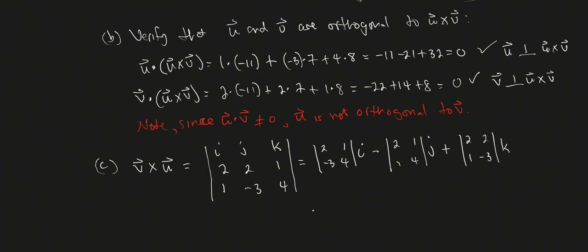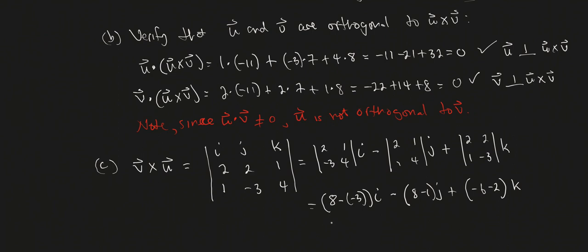And then now our 2 by 2 expansion, so we have 8 minus negative 3, that's times i, and then minus the quantity 8 minus 1, that times j, and then finally negative 6 minus 2, that's times k.